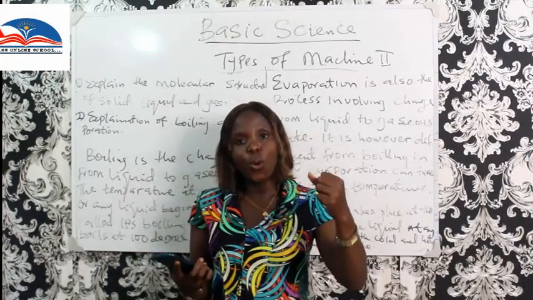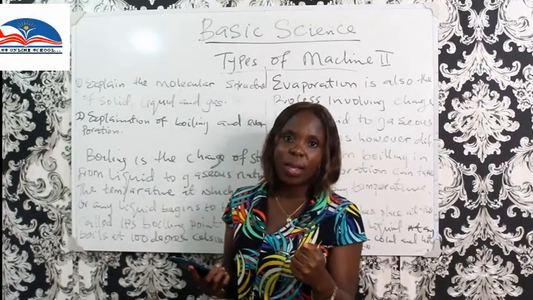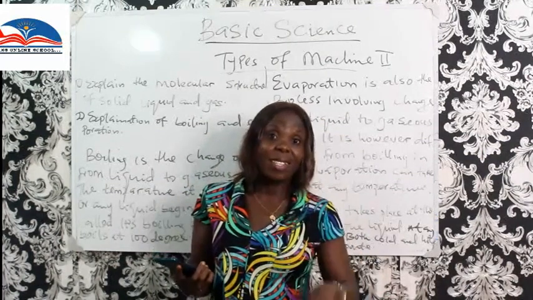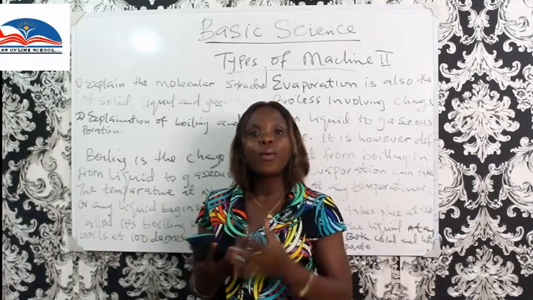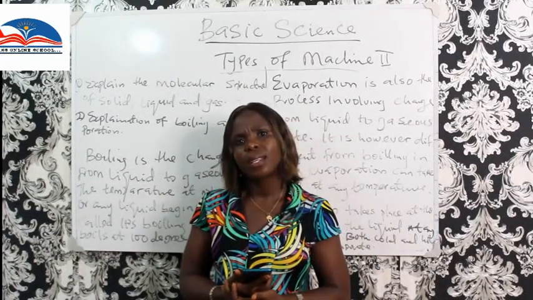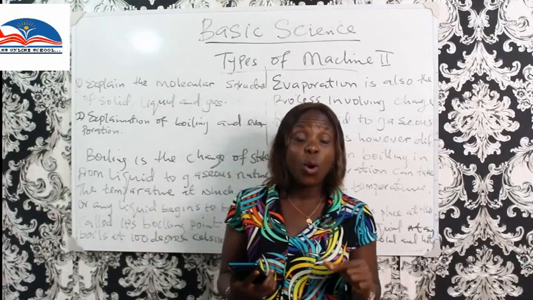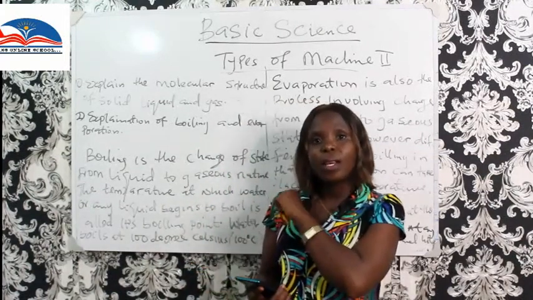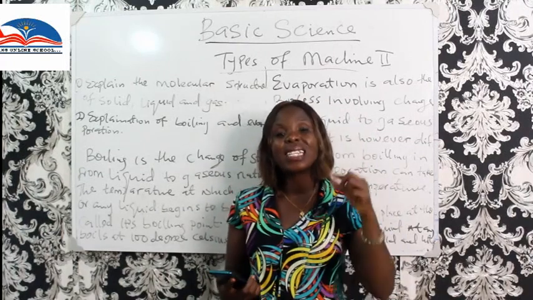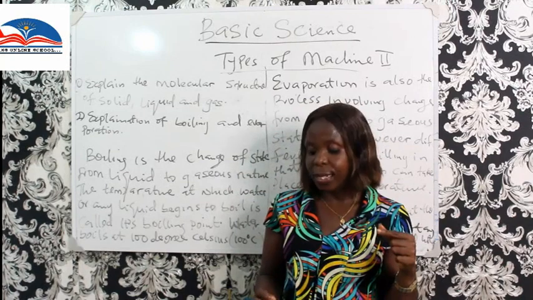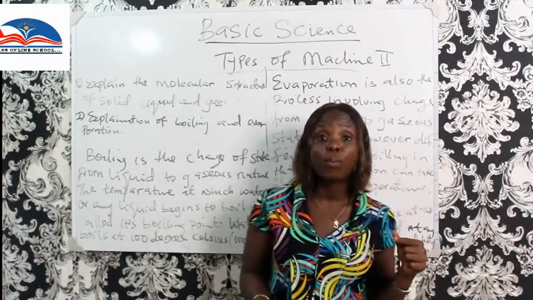So if you put ice water in a cup and leave it, as it's diffusing, it's evaporating out. So in its cold nature, it can evaporate. But in its cold nature, water cannot boil. It's only in its hot nature, and it has to get to a particular degree before you can say that the water is boiling.